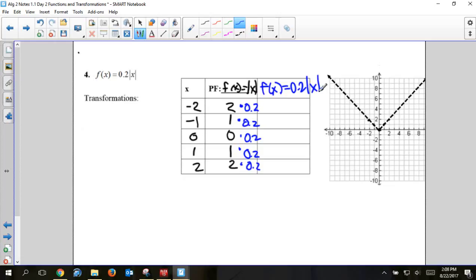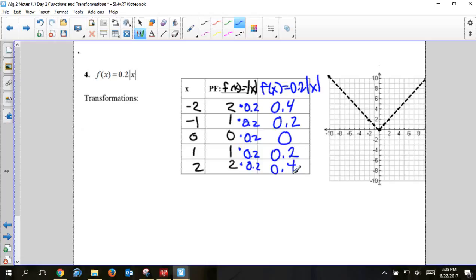So if it's 4, and it has 1 decimal, it's going to be 0.4. Then 1 times anything is that same thing, so it's 0.2. And if we multiply 0 times 0.2, it is 0, good. And then 1 times 0.2 is still 0.2, and then 2 times 0.2 is 0.4.